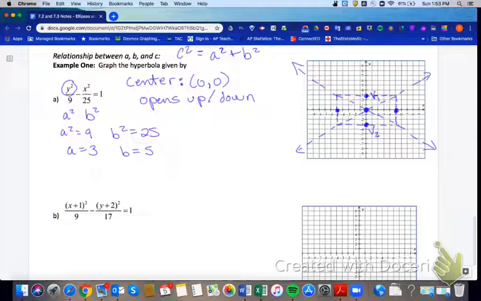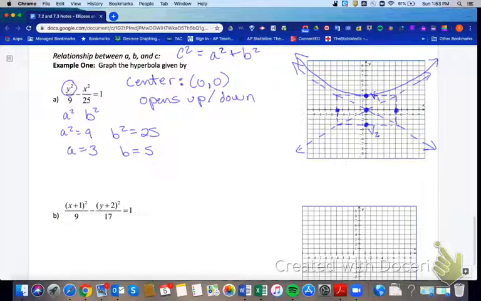So once you have your slanted asymptote lines drawn in, go up to V1, your first vertex right up here. This portion of the hyperbola opens up, and it's going to go all the way out to the asymptote line on both sides. Those asymptote lines are giving the shape of the hyperbola.